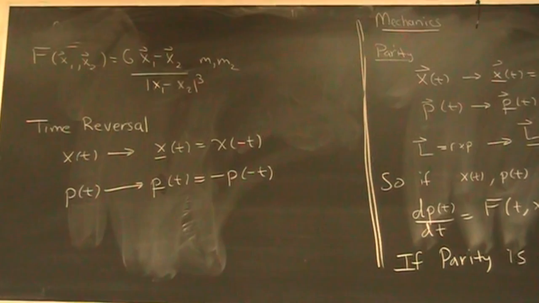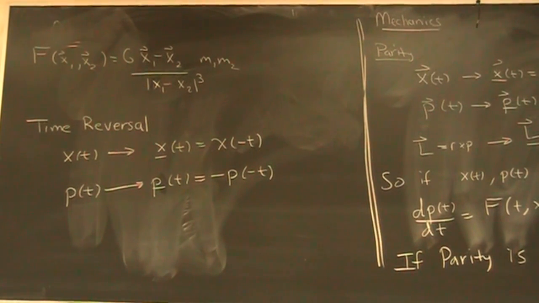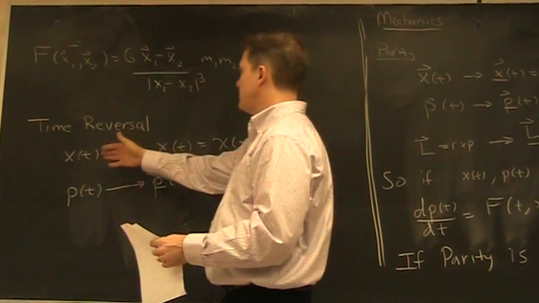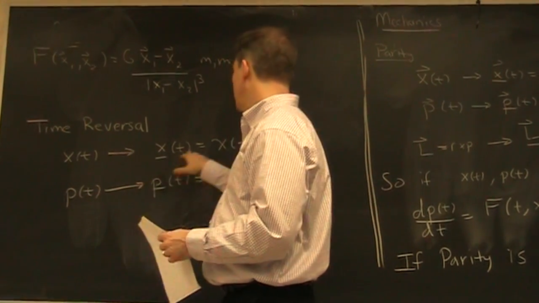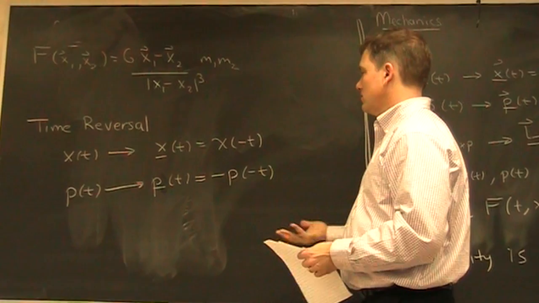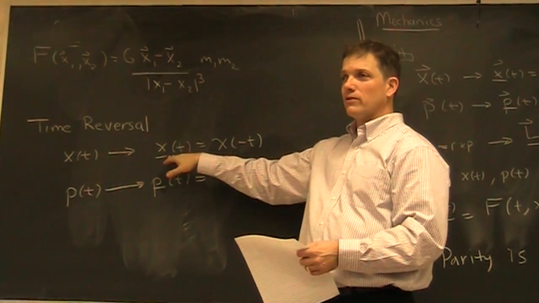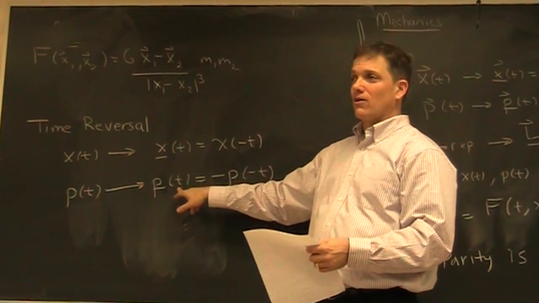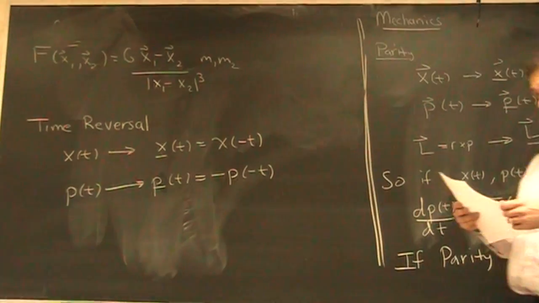So t is a parameter. We have a solution, valid for all times, x of t and p of t, and we're asking whether this new inverted x bar of t and p bar of t are also solutions.